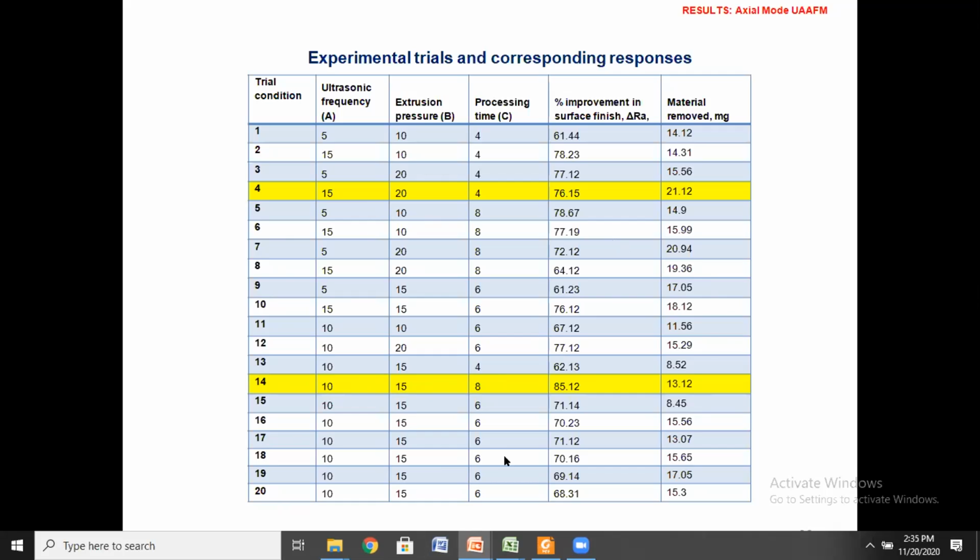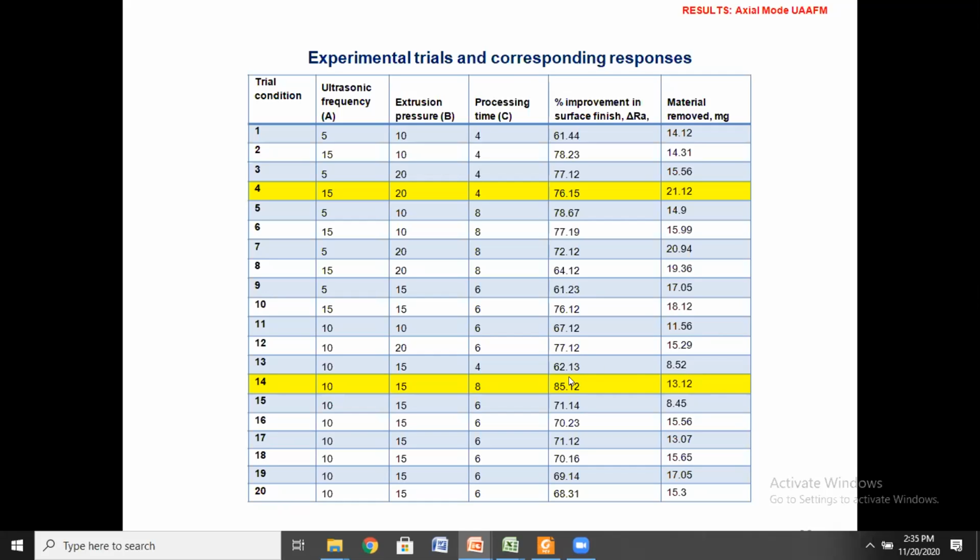If you observe, you will get the trend curve, the individual effect, the combined effect, and a lot of data using RSM, but you probably may not get the condition where your responses are satisfied at both, right? At both means, in my case, maximum surface finish and maximum material removal.